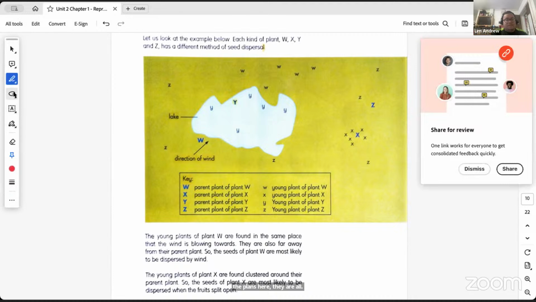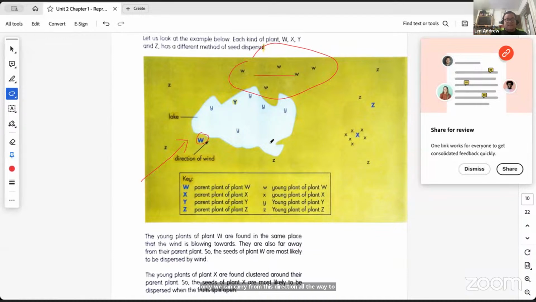So we can know that these are being dispersed by the wind, because the wind direction goes this way, and also they are the furthest from the parent plant. Therefore, plant W is most likely dispersed by the wind, because only wind can carry seeds from this direction all the way to here.